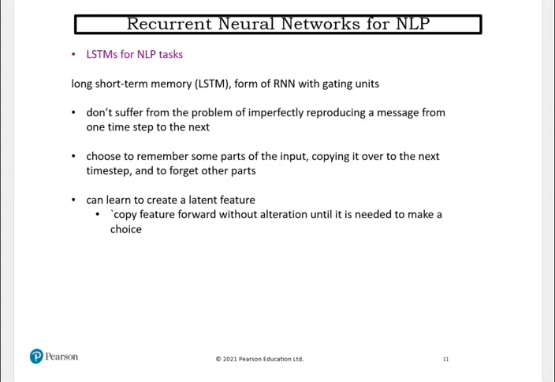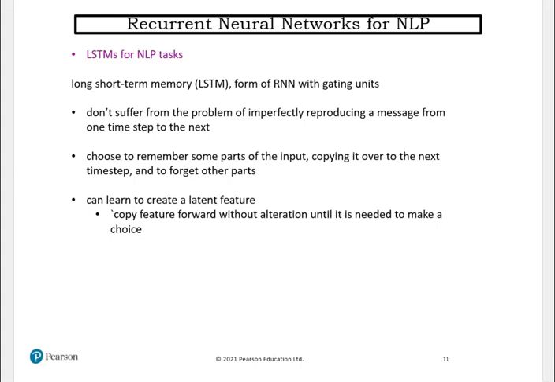So one approach to resolve this problem is to use long short-term memory, which is a variation of RNNs that uses what's called gating units. These LSTMs don't suffer from the problem of imperfectly reproducing a message from one time step to the next, because gates help us choose to remember some parts of the input, copying it over to the next time step, and forget other parts.